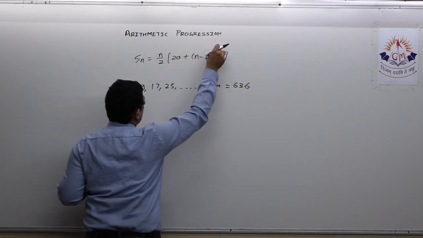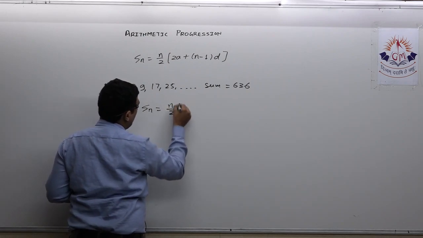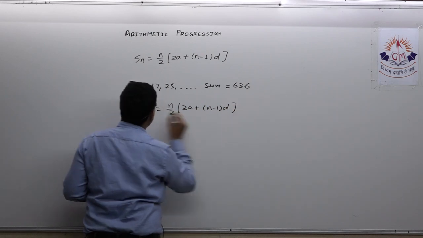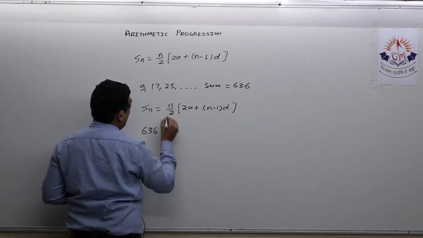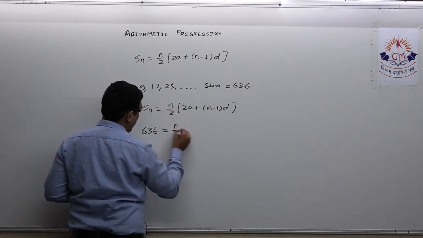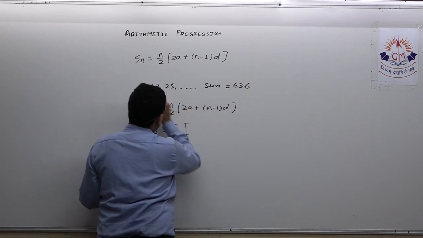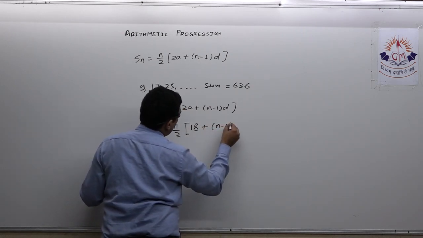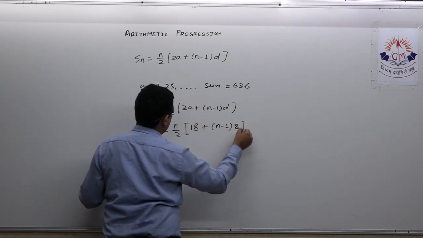n. So if I use this formula, Sn equals n by 2 (2a plus (n minus 1) into d). At the place of Sn, I'll put 636. At the place of n, I put n, because that I need to find. 2a, that is, a is 9, so 2a is 18. (n minus 1), d is 17 minus 9, that is 8.